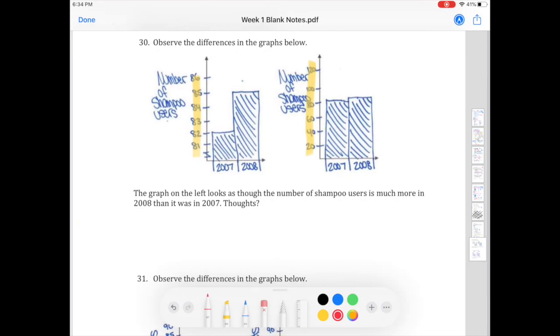So pause the video if you need some more time, but hopefully you're looking right here at your y-axis. They're different. That's the only part of the graph that's really, really different. Okay, so this graph over here, the y-axis is only showing you between 81 and 86. So it's literally like just showing you this part of the graph.